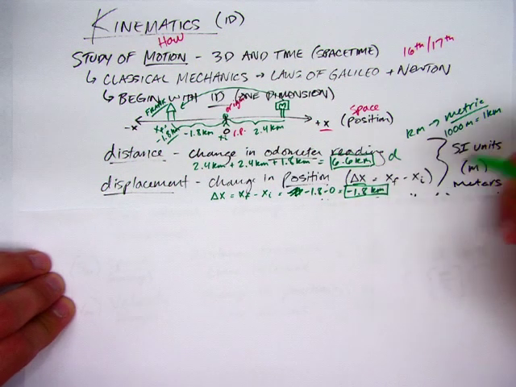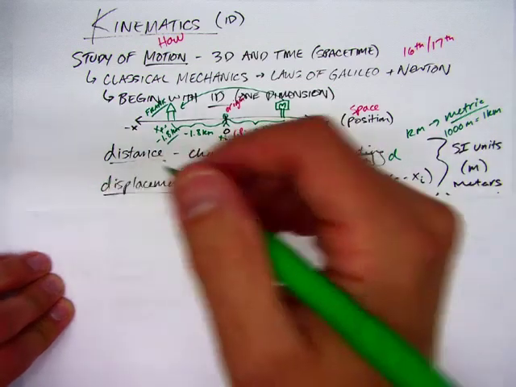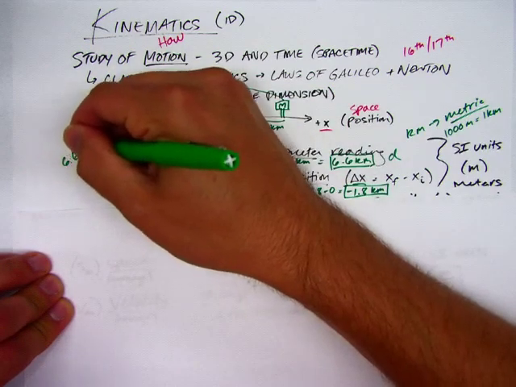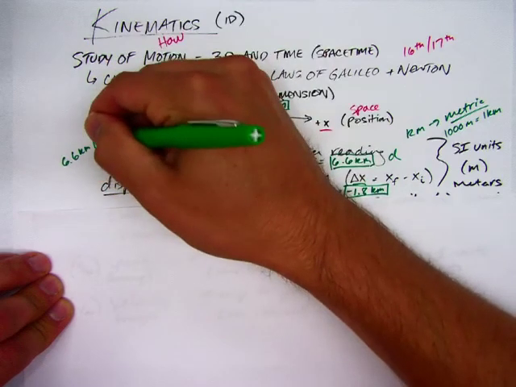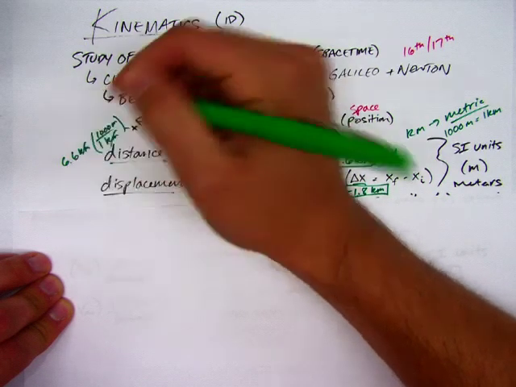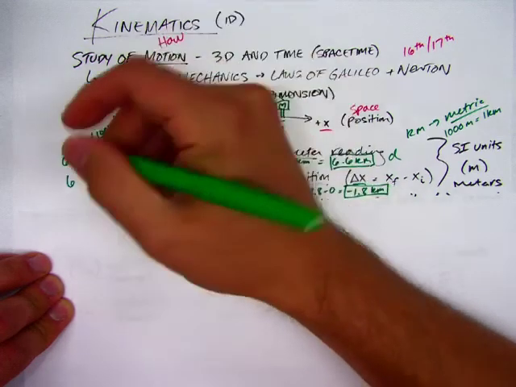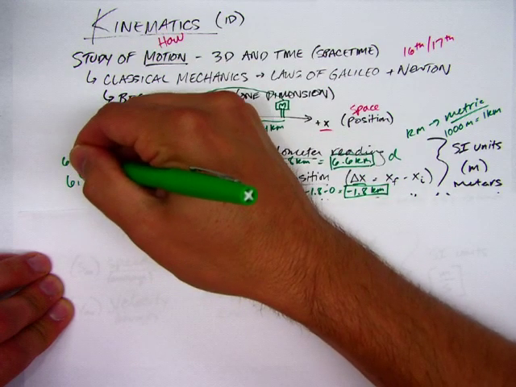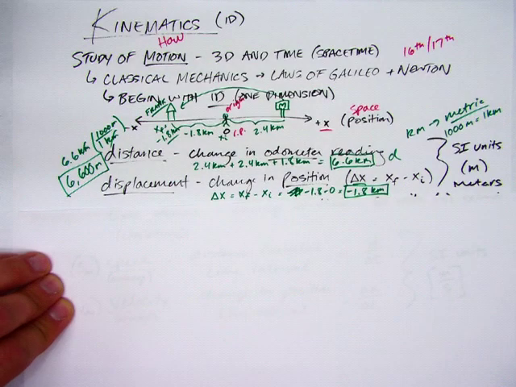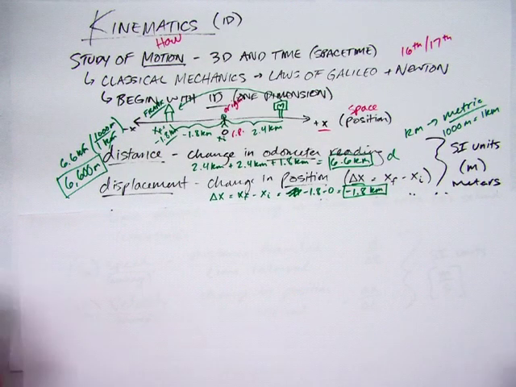So if I have 6.6 kilometers, if I want to go to meters, I've got to multiply by 1,000, which cancels my kilometers. I walked 6,600 meters. And that's your introduction to kinematics and distance and displacement.